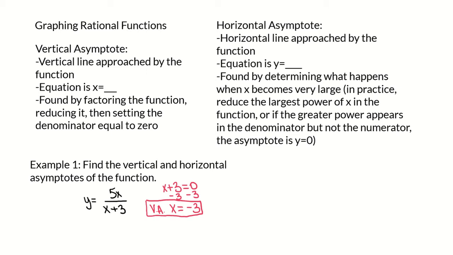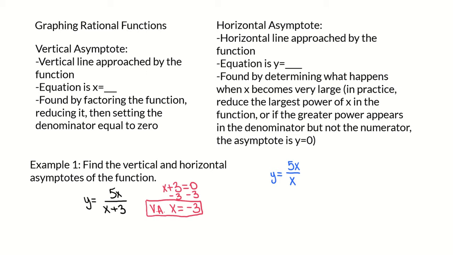So for this example, y equals 5x over x plus 3, the highest power of x is 1. We have 5x on the top and x on the bottom. So to find the horizontal asymptote, we just consider those highest powers of x and we ignore everything else. So in this case, we ignore the plus 3 in the denominator.